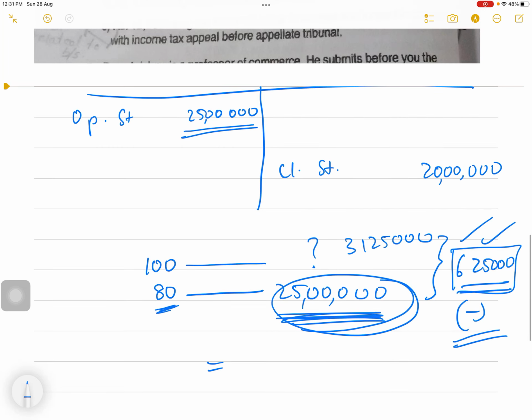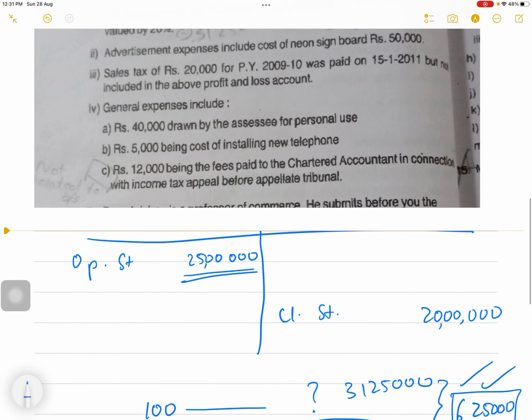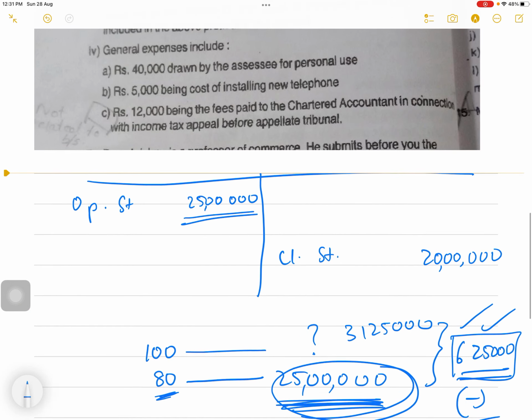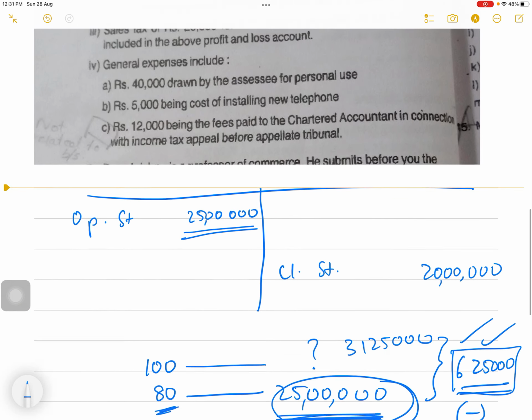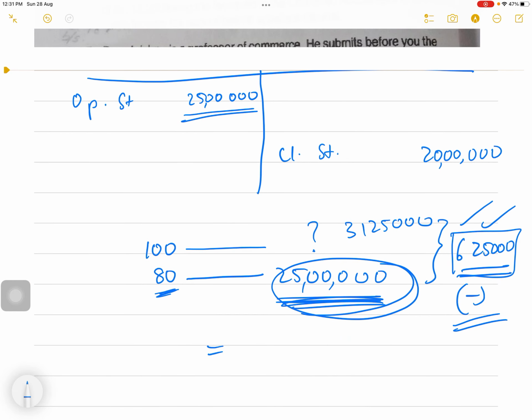Subtract 6,25,000 from the profit. So if there is an undervaluation of opening stock, you will subtract the difference. If there is overvaluation of opening stock, then you will add the difference.